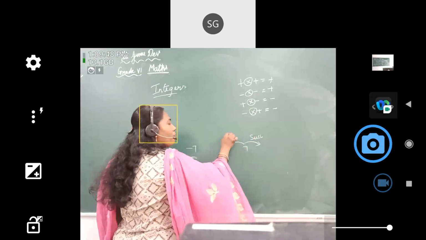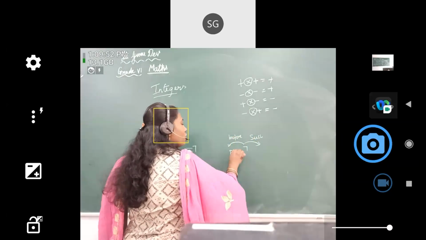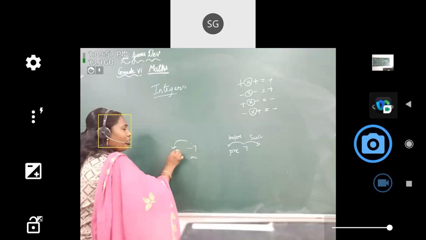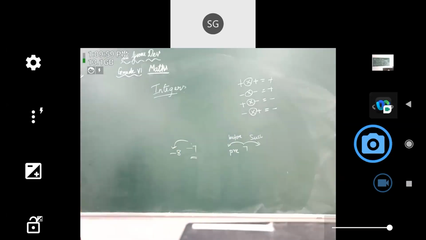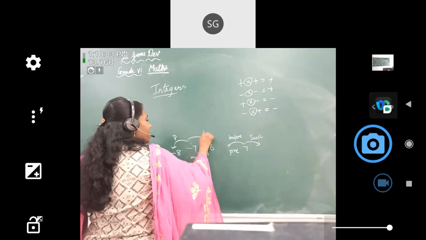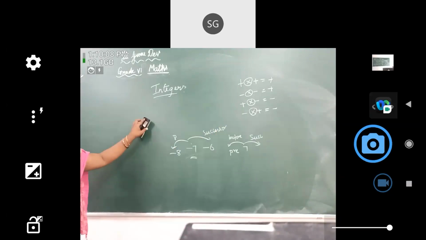When you move backward, you get your before number or predecessor. The same way, if it is minus 7 here, it will be minus 8. So minus 8 is the predecessor and minus 6 is the successor. Okay, understood? We recollected everything.